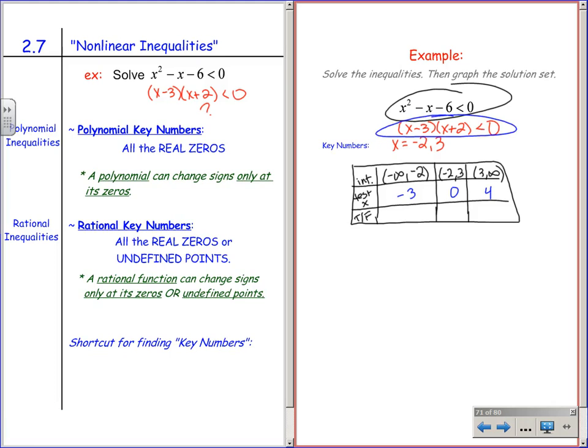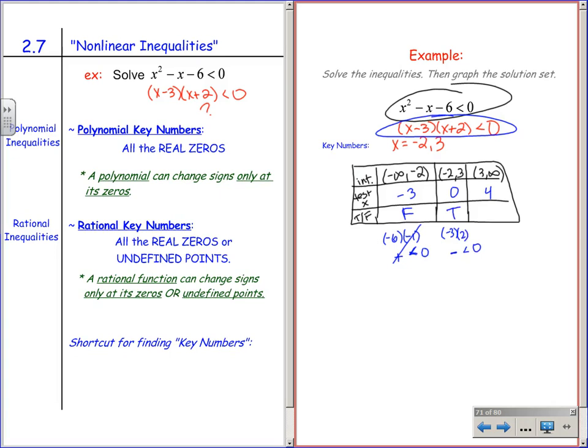If I plug in -3, I'm going to end up with -6 times -1, which is going to be a positive number. Is that less than 0? A positive number, +6, is not going to be less than 0, so therefore that guy is false. If I plug in 0, I'm going to get -3 times 2, which is a negative number. Is that less than 0?